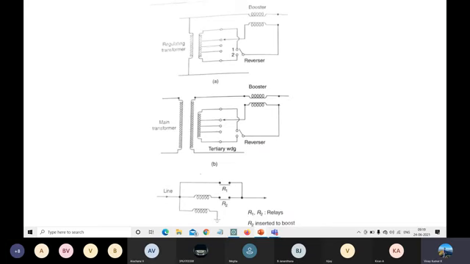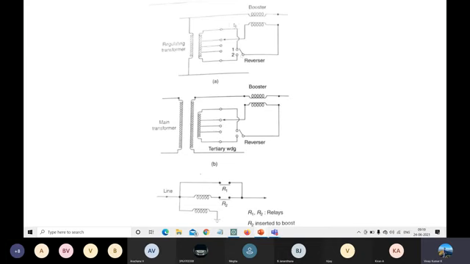Okay, so the conclusion is: booster or buck transformers are used to inject small nominal values of voltage into the line, either above or below the nominal voltage levels, by using our different reverse switches.